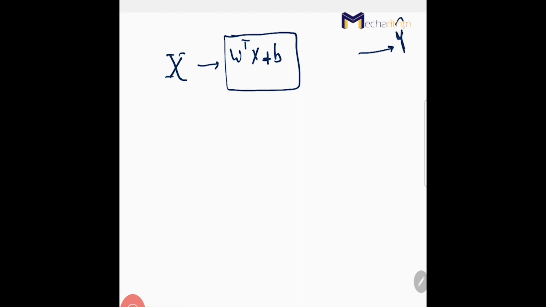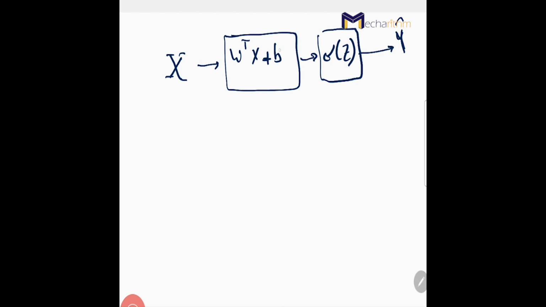I'm going to add a cap here to indicate this is not the ideal y, but instead just an estimation, or a prediction, or hypothesis. So what I'm going to do now for logistic regression, since I need y to be either close to 1 or 0, is add a sigmoid unit here, which is going to take the output from the last phase.